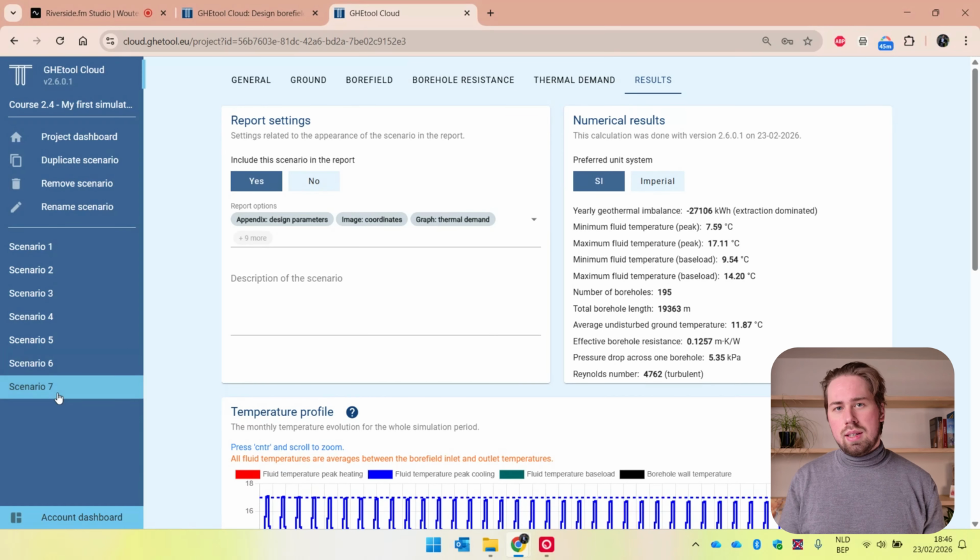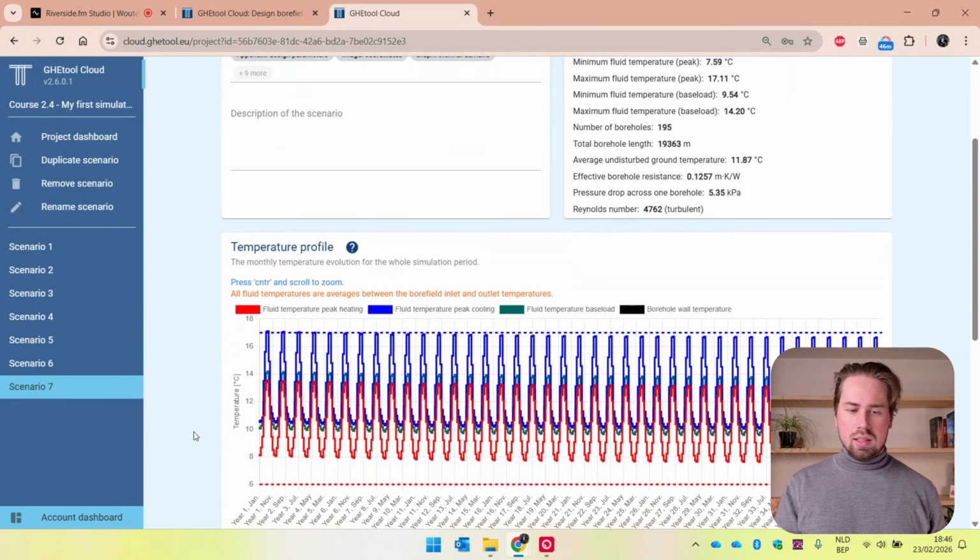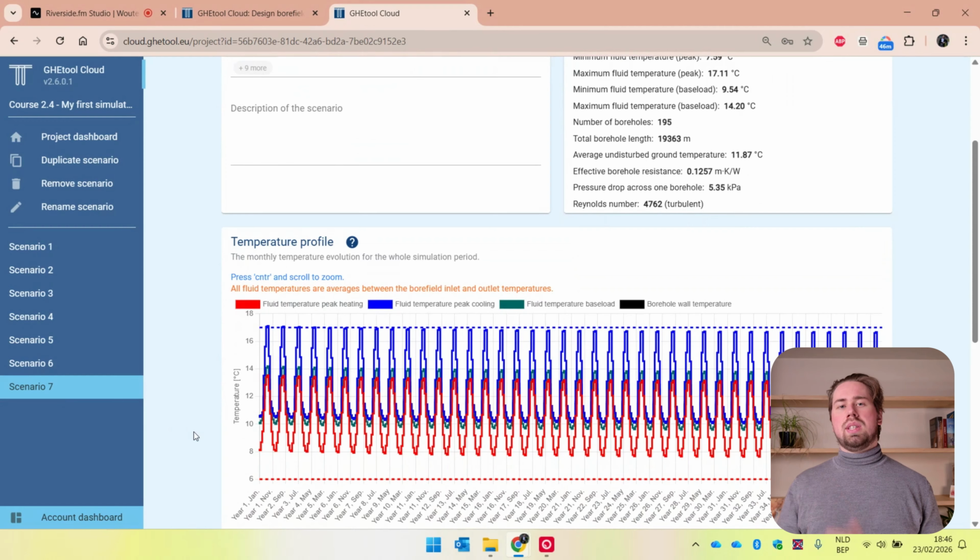And then we have scenario 7 with the DN40, still slightly above our maximum limit, but actually I would say this is a rather good design, and we are still above our 6 degrees average, even quite a lot above it. So it would be safe to do this system with water.